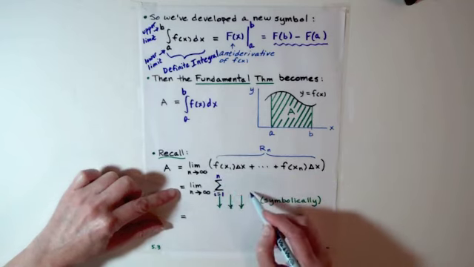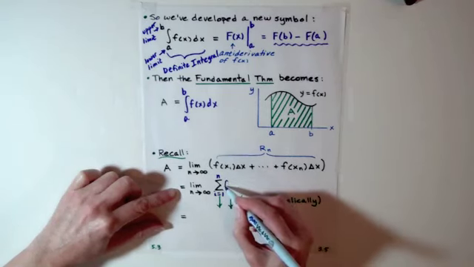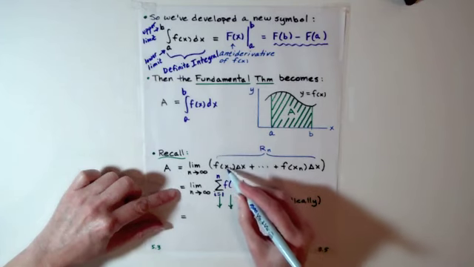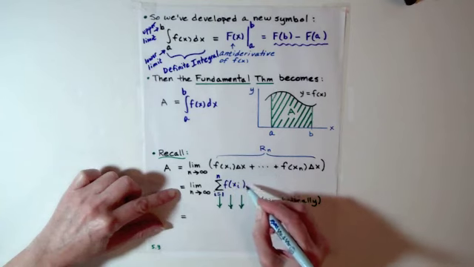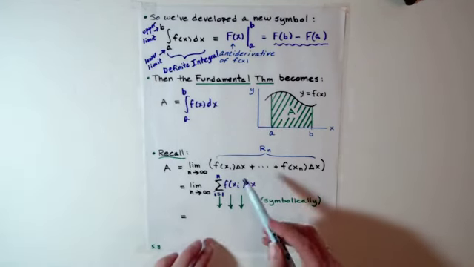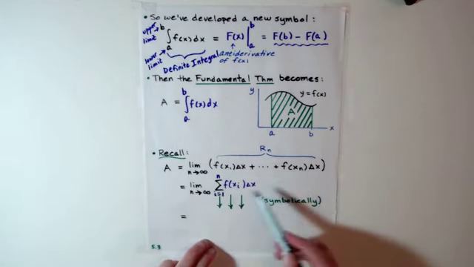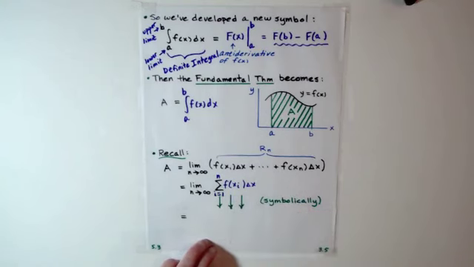And what has to go inside here? Well, all of these terms have the same pattern. The only thing that's different is the subscript on the x. So I can say f of xi delta x. So that is how we rewrote this long sum in a nice, neat notation using the sigma notation.